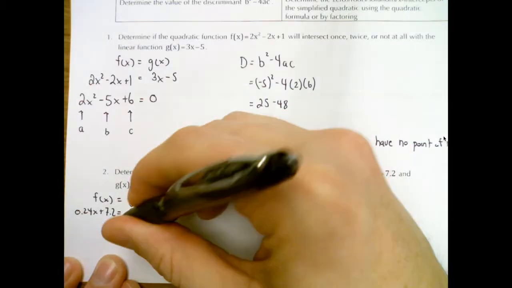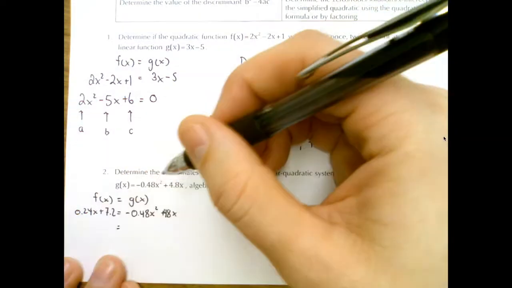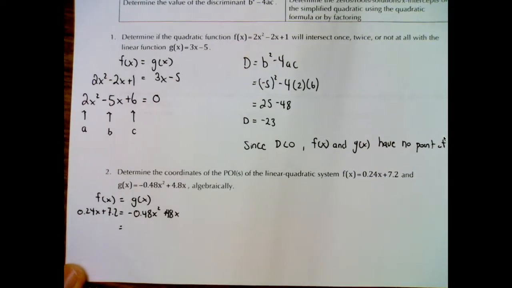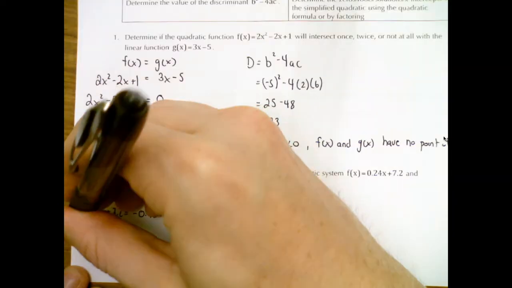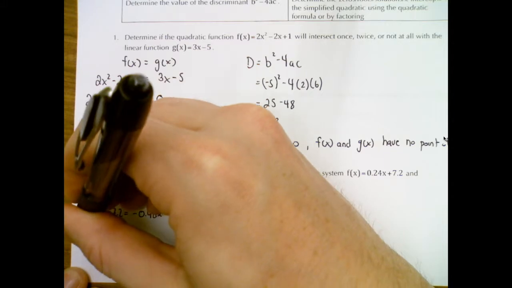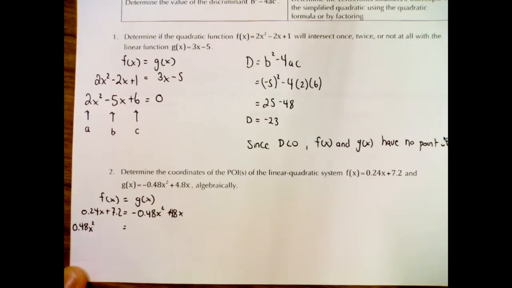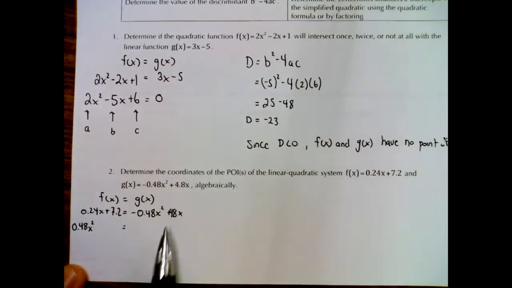And now we move all terms to one side. We usually move to the quadratic side, but it's up to you which way you move it. I actually like to move it in a direction that would make the x squared term positive. So if we move all the terms to the left, we can accomplish that. So 0.48x squared. Moving plus 4.8x to this side makes it minus 4.8.